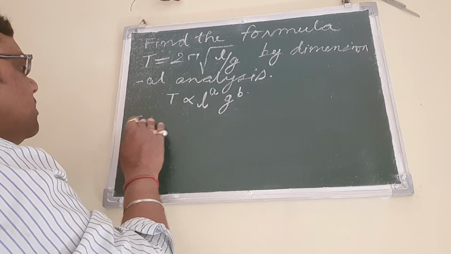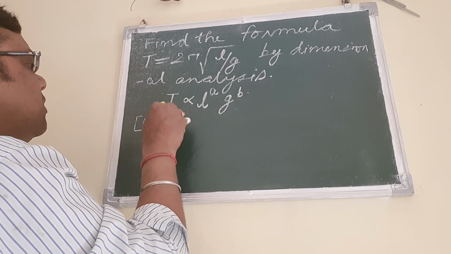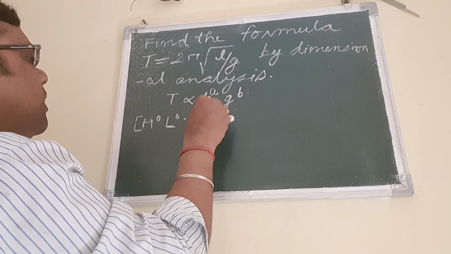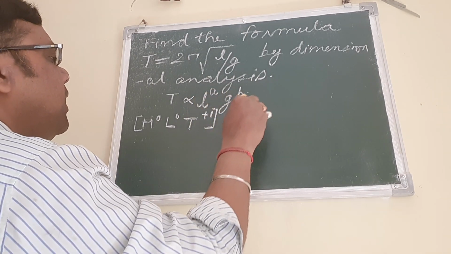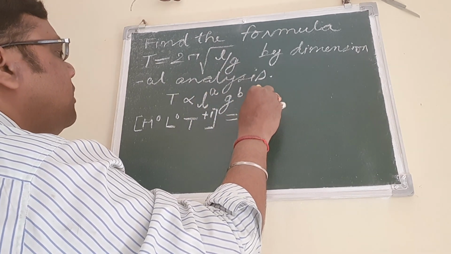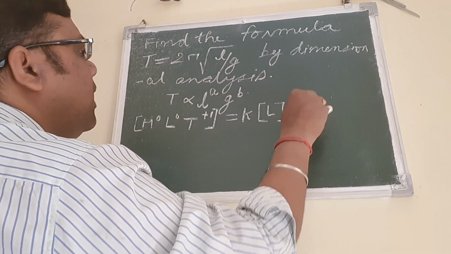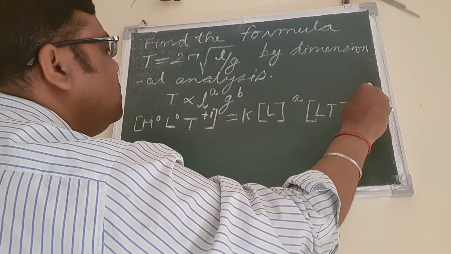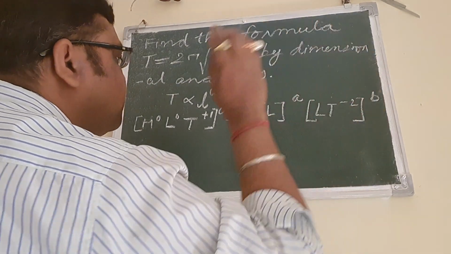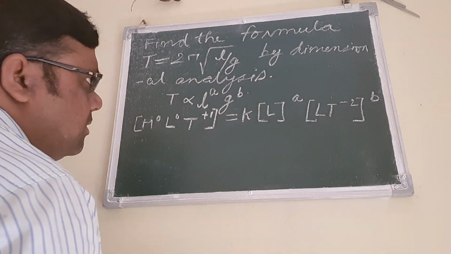M, L, T, so it will become M raised to power 0, L raised to power 0, T raised to power 1 is equal to K, and it will become L raised to power A, and it will become LT raised to power minus 2, whole raised to power B. So this is our equation.